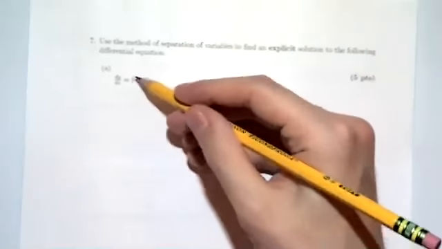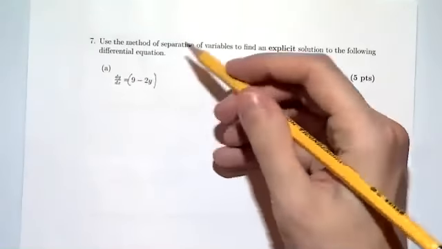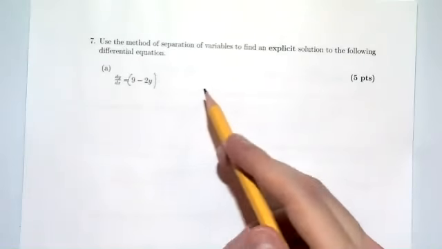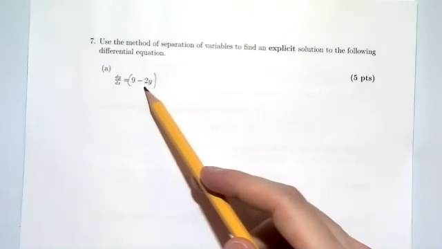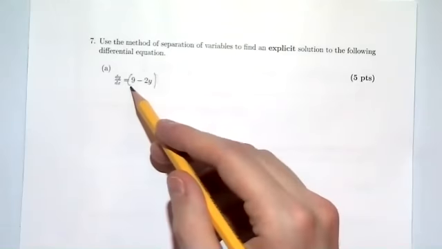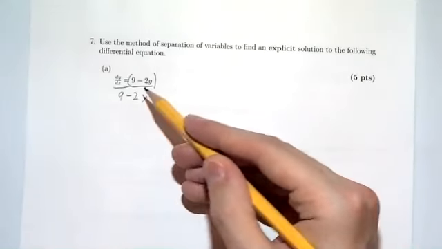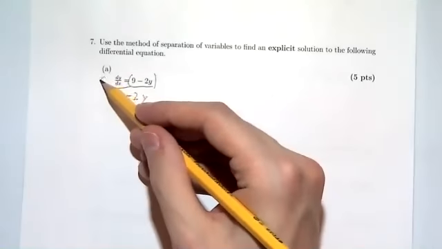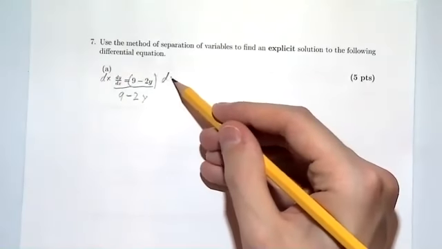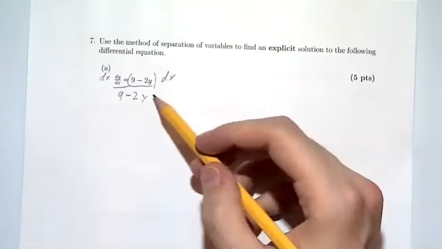So what we do instead is we take that as an entire group, so 9 minus 2y, and we're going to divide both sides by it. And then at the same time, we're also going to multiply by dx on both sides. I like to just combine these steps.